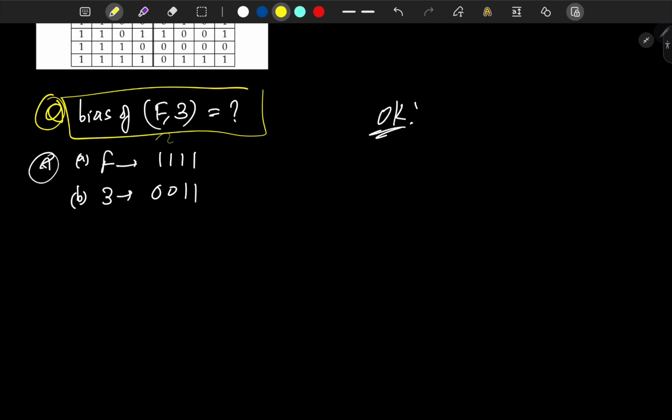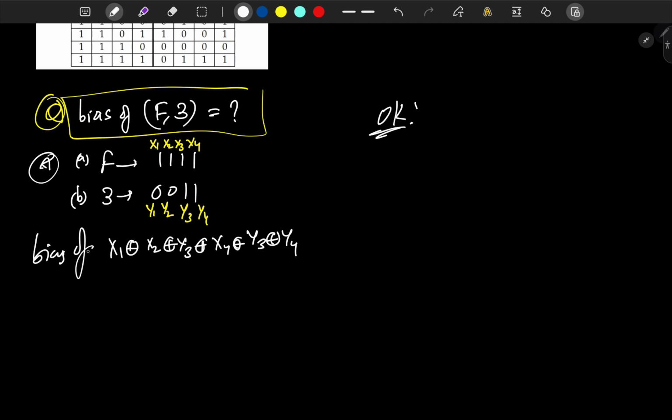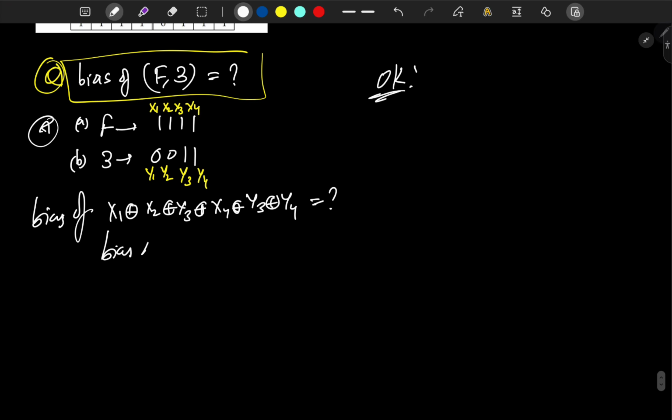A is nothing but capital X, so this can be written as x1 x2 x3 x4 y1 y2 y3 y4. Now from this write the random variable: x1, x2, x3, x4, y3, y4. You have to find the bias of this one.